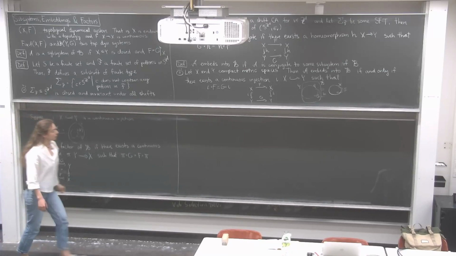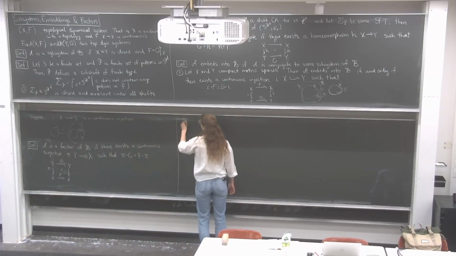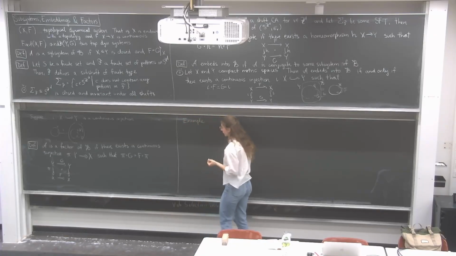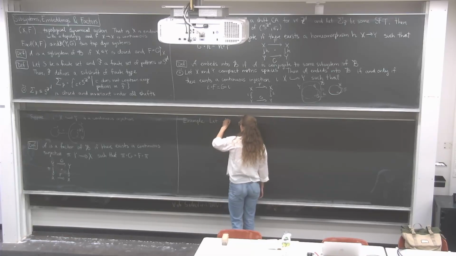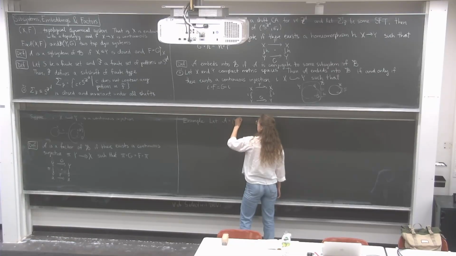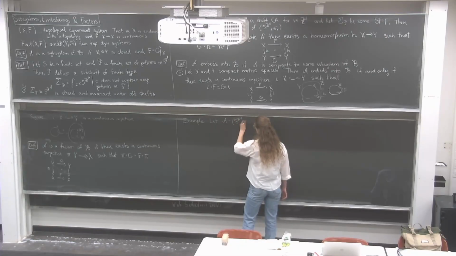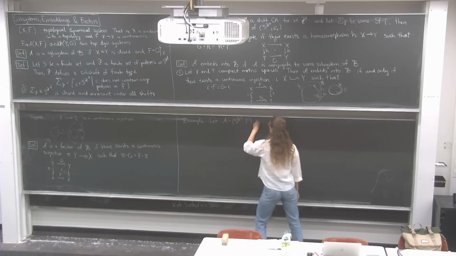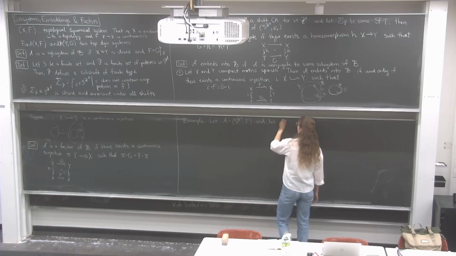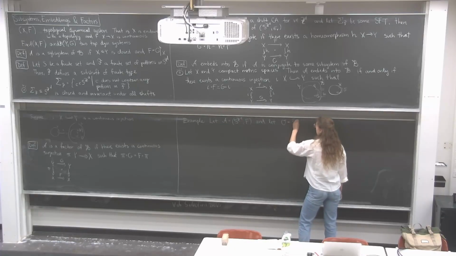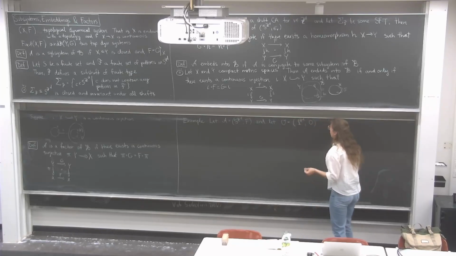So maybe an example, a rather trivial one. So let A be some d-dimensional CA. And let O be, not a set, but also a CA with a single state.